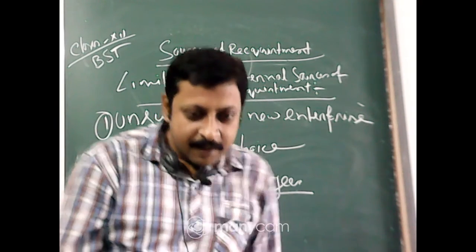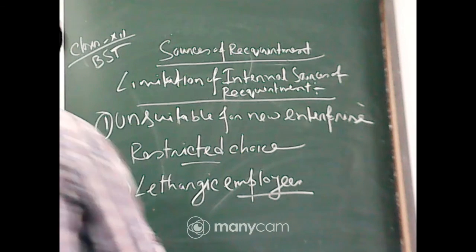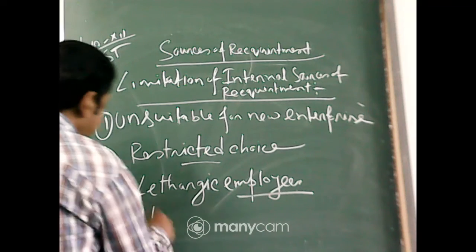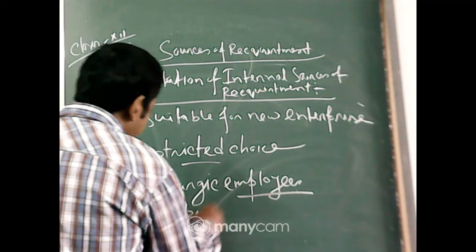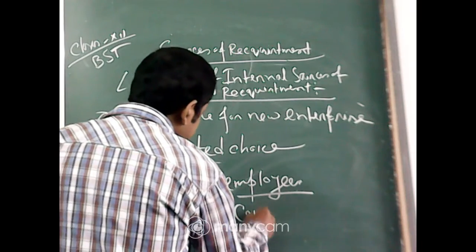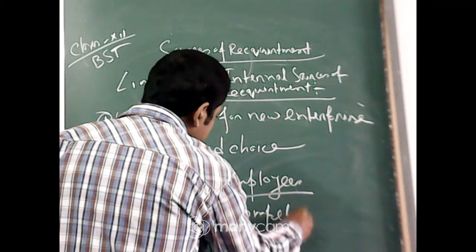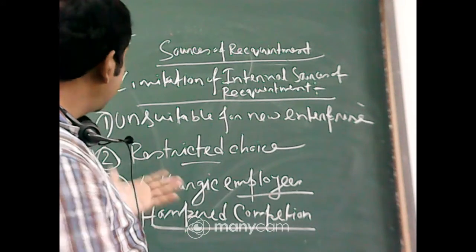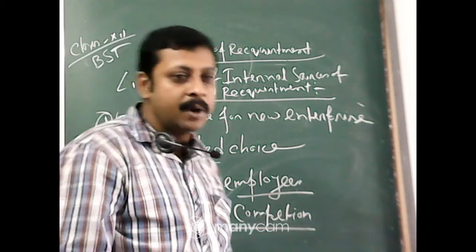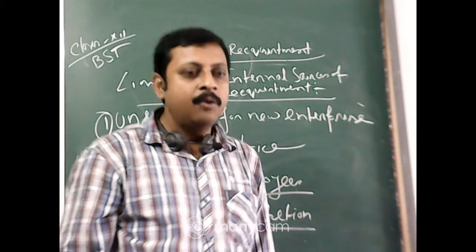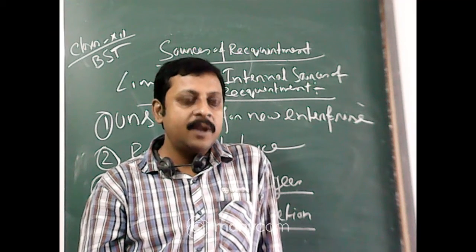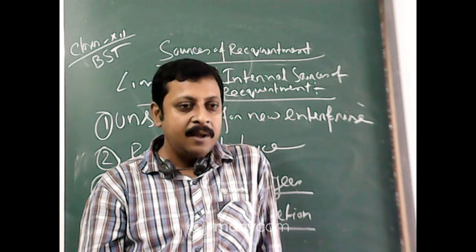Now number 4 is hampered competition. Why is there hampered competition? When we recruit through internal sources, the old employees are there, no new talent is coming into your business, and no new concepts are coming either.